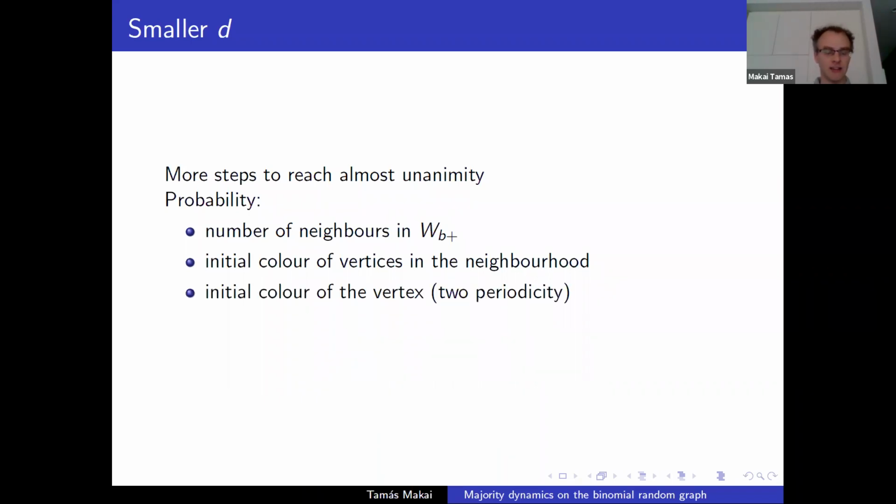And there is a final one, which, as I mentioned at the beginning, the process becomes too periodic. But this actually shows up in the probability calculations. So if I had a vertex which was initially blue, then after 2 steps, it will be much more likely to be blue than red.